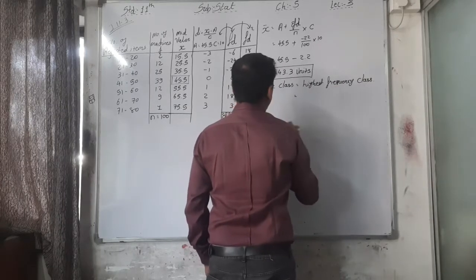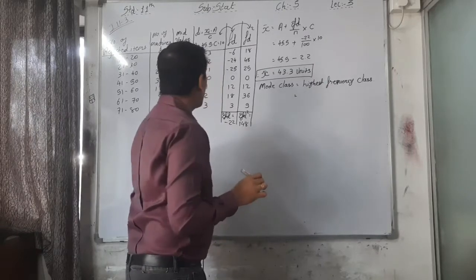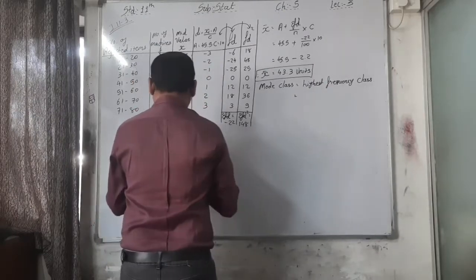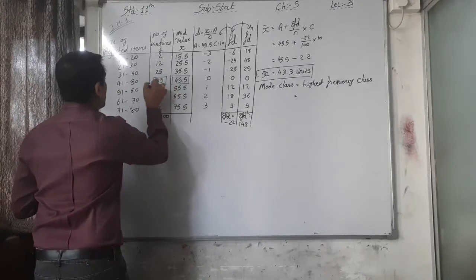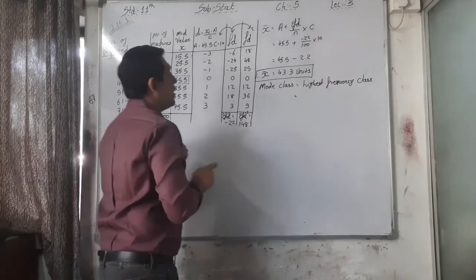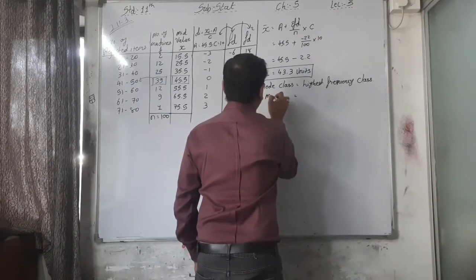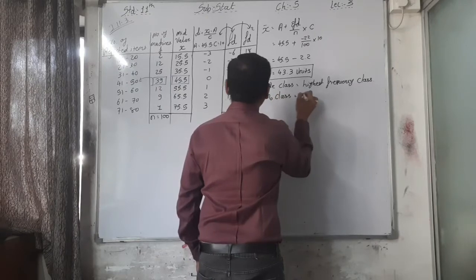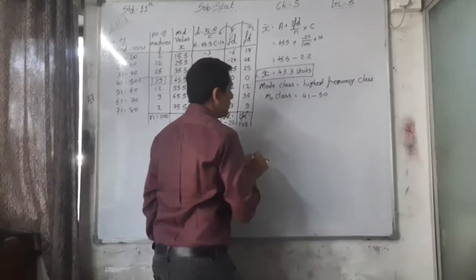What is the highest frequency? 39. And the corresponding class is 41 to 50. Therefore, mode class is equal to 41 to 50.